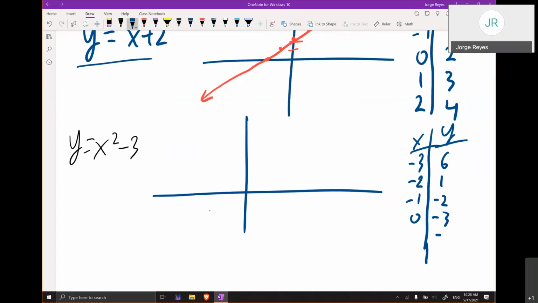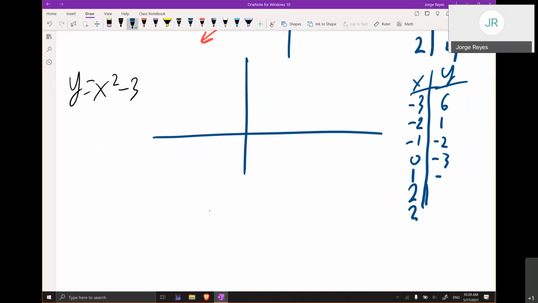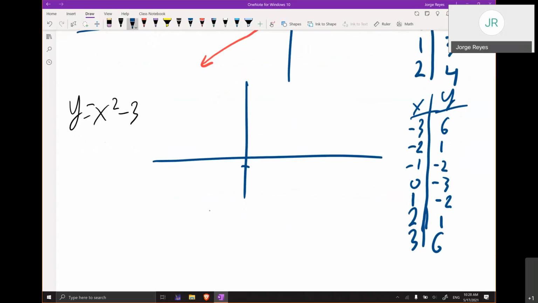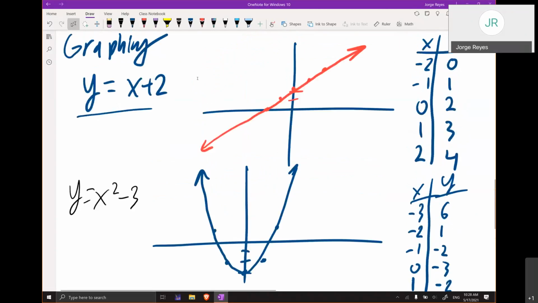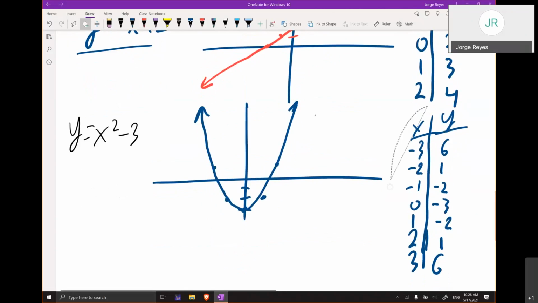So if we plug in all of these points, -3, we go here, then here, and then it shoots off. So we get the parabola that we're supposed to get. So for right now, if you need to graph stuff, you could just punch in a whole bunch of numbers. That's what this section is about.